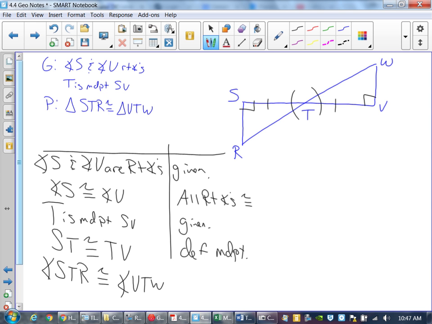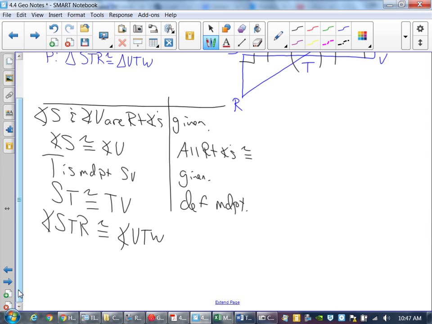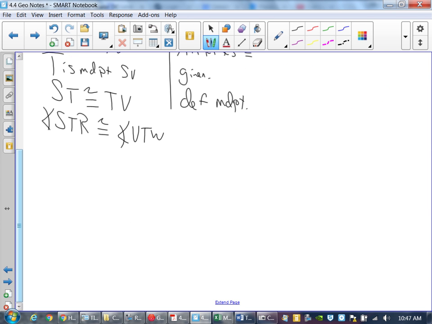And on your progression sheet, what's the reason you put for when you have vertical angles? Vertical angles congruent. That's all I have to write. If it doesn't say that, make sure it says that. Double check it.